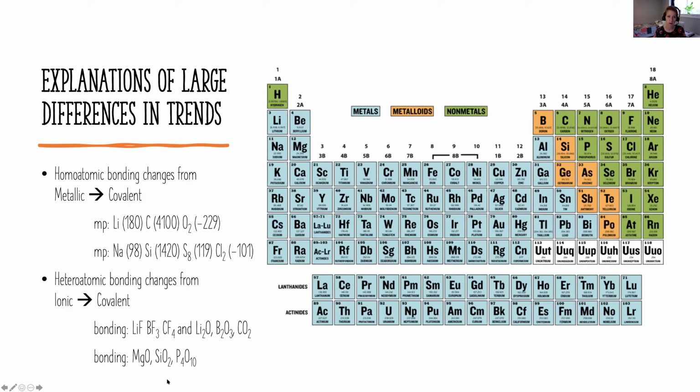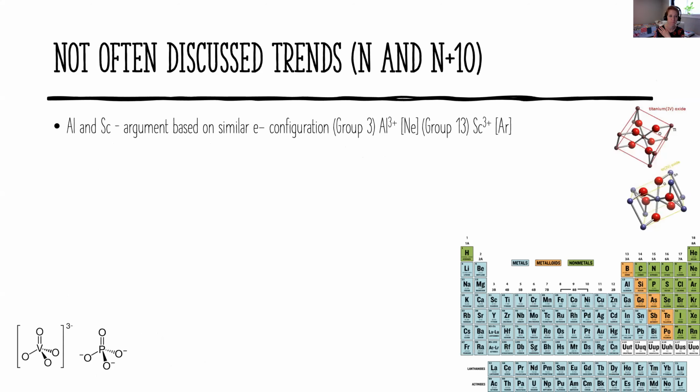Next, magnesium oxide is definitely ionic. Silicon has some specifics of covalent and ionic character, so it's considered more of a covalent oxide. And then phosphorus oxide is definitely covalent. So that's the differences as you go across the periodic table from the metals to the nonmetals.